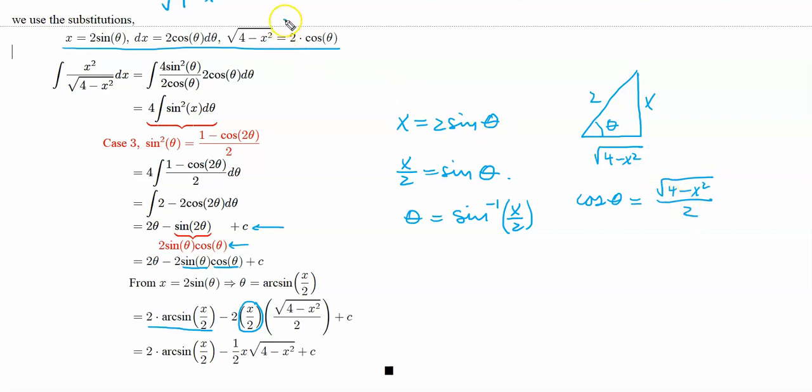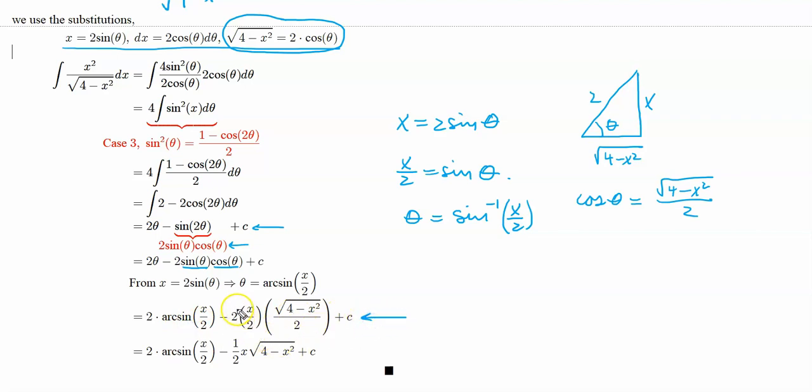Or you can pick that off from this substitution right here, right? And then we replace the cosine theta right here with the square root of 4 minus x squared over 2. So right there it is placed in for the cosine of theta. And now we have our answer finally, with a little simplification of this line right here.